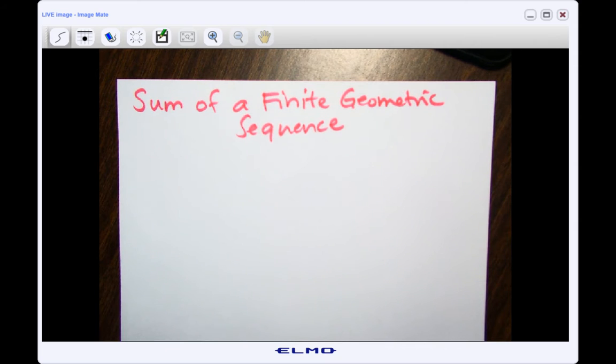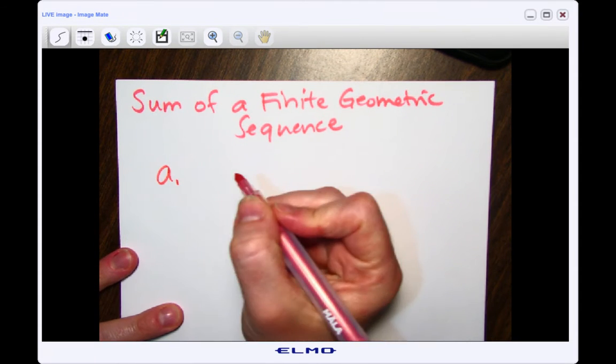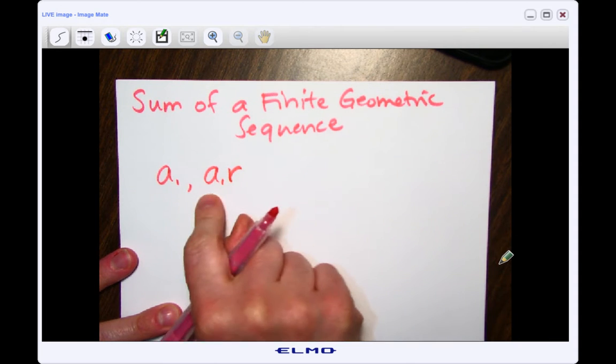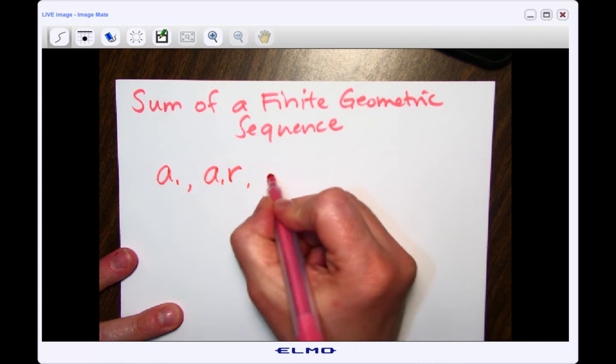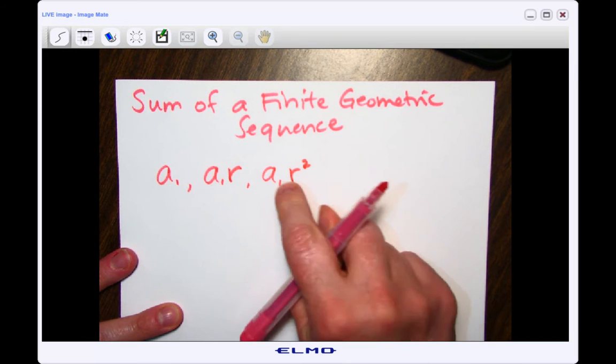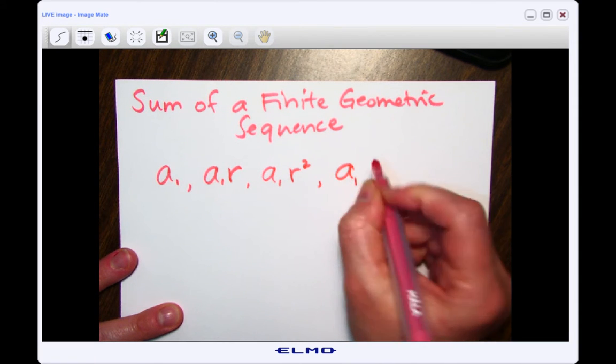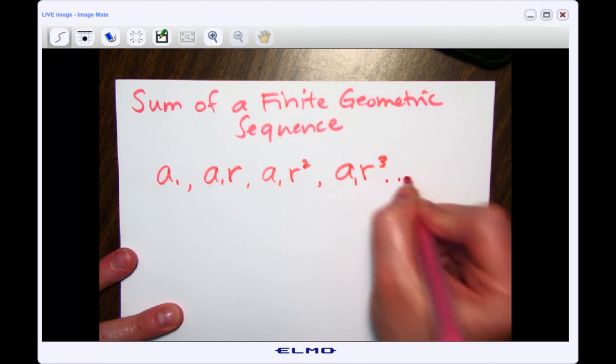Okay, so let's talk about the sum of a finite geometric sequence, and in the next video we'll talk about an infinite sequence. But let's just keep in mind what a geometric sequence means, right? They have a common ratio, so a geometric sequence looks something like this. It would be the first term, and then the next term would be something times that common ratio, and then the next term would be something times that common ratio squared, and we could keep doing this and keep doing this sequence, right?